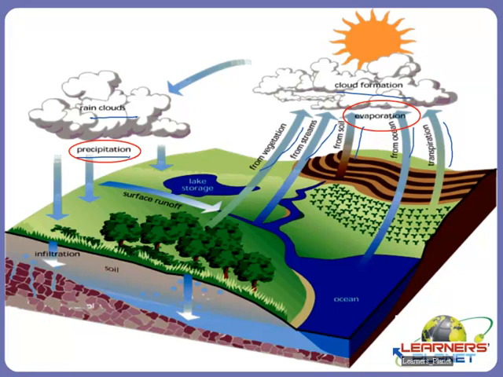So what happens is that these droplets are so small, in fact, that it takes millions of them just to form a drop of water which weighs enough to fall.